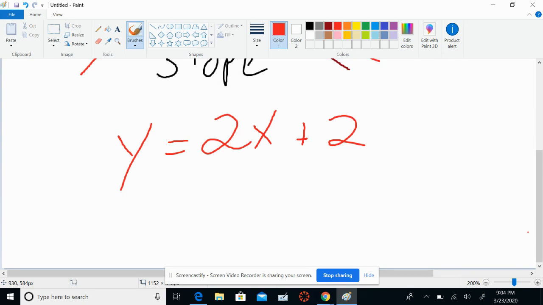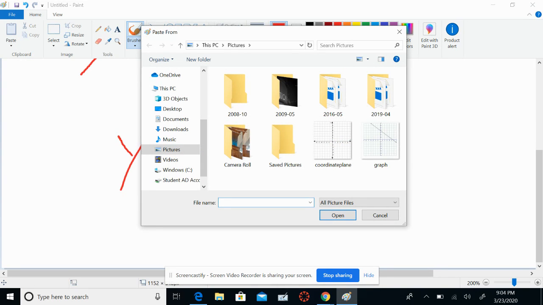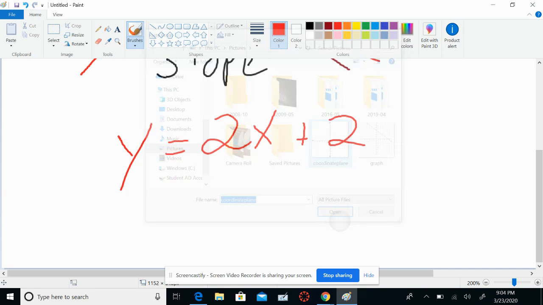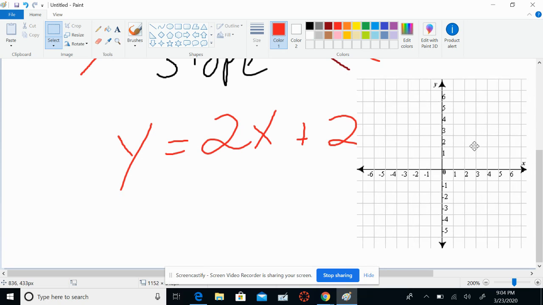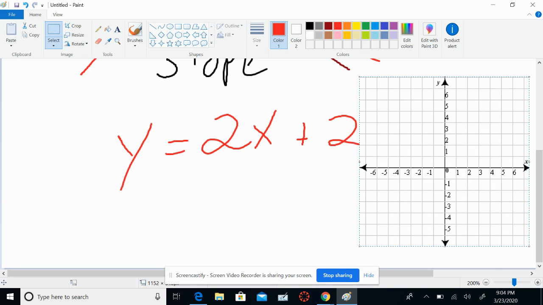So let's say that we've got that 2x plus 2 there. Let me put this coordinate grid on here. To graph this line, remember that a line is just the inputs and outputs of individual points that make it up.